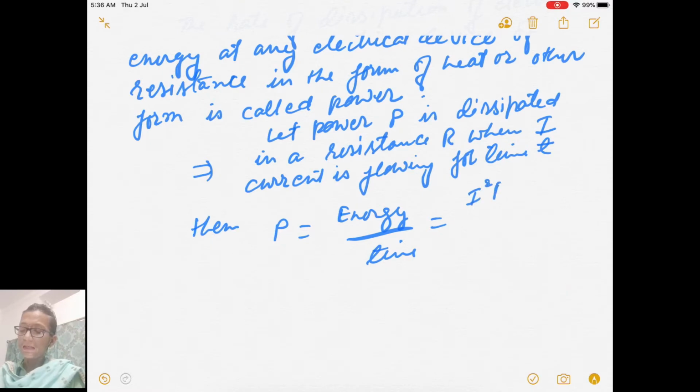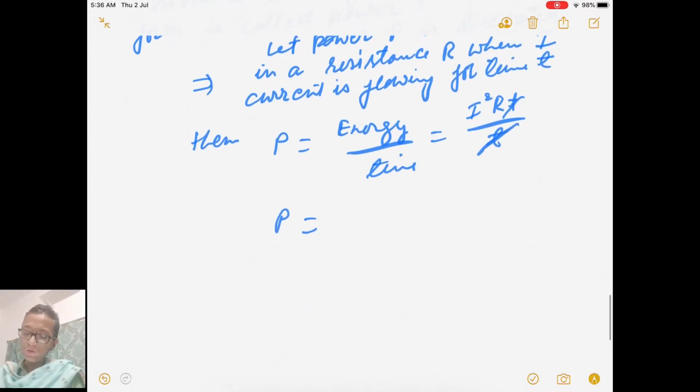Energy is equal to I square R t, from Joule's law of heating, upon time. So power comes equal to I square R.